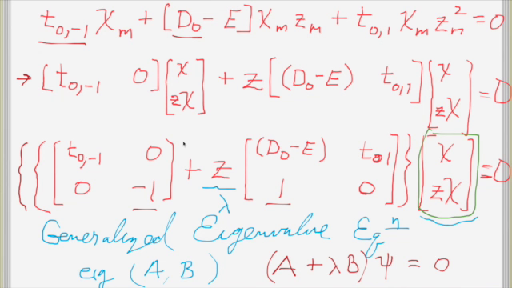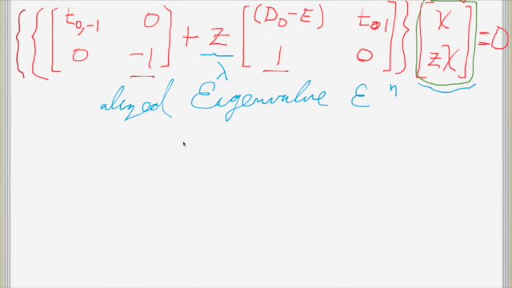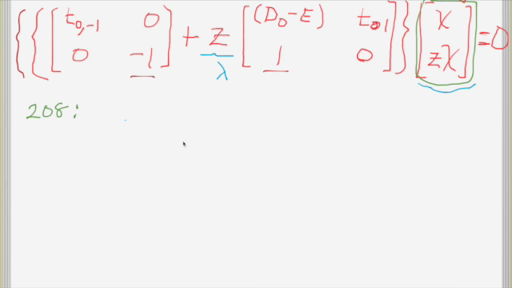Okay, so if you notice, this is rather different than what we were doing in 208. In 208, we were always looking at h of k minus E times psi equals 0.